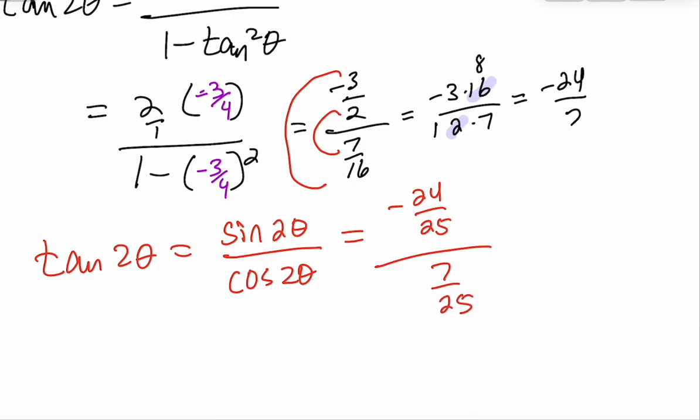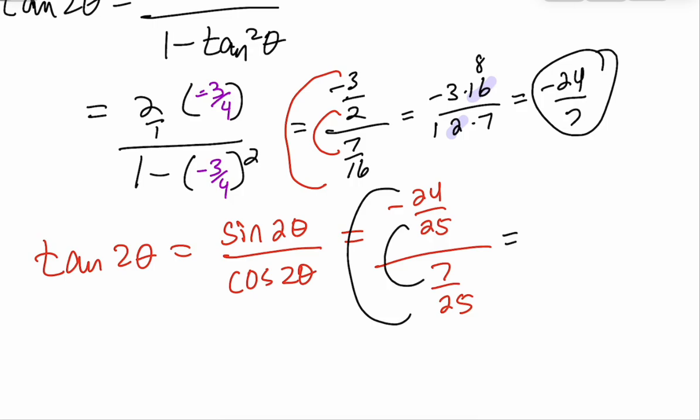So we can do big C over little c, and we better get this answer right here. Now look what happens. On top, we have negative 24 times 25. On the bottom, the little c is 25 times 7. And you can see that the 25s cancel. Oh my goodness, we get negative 24 over 7.